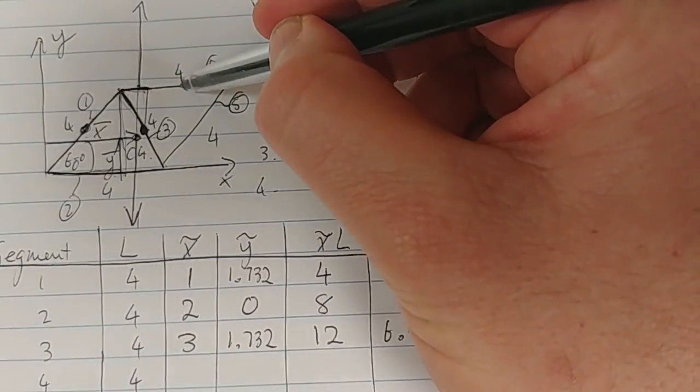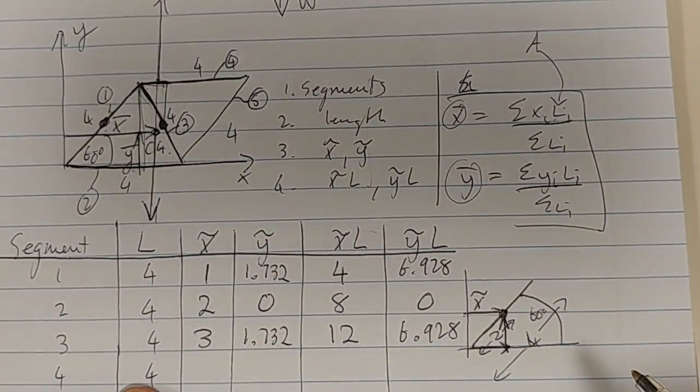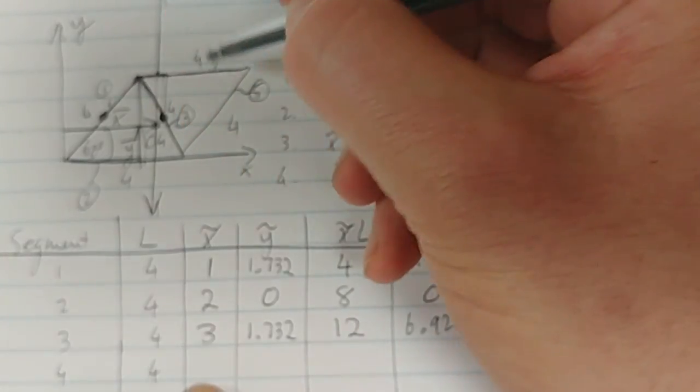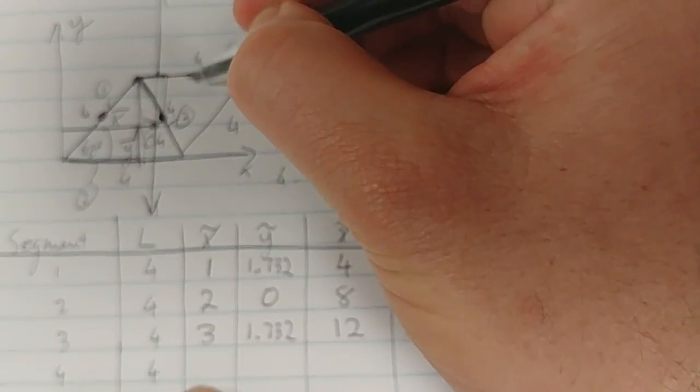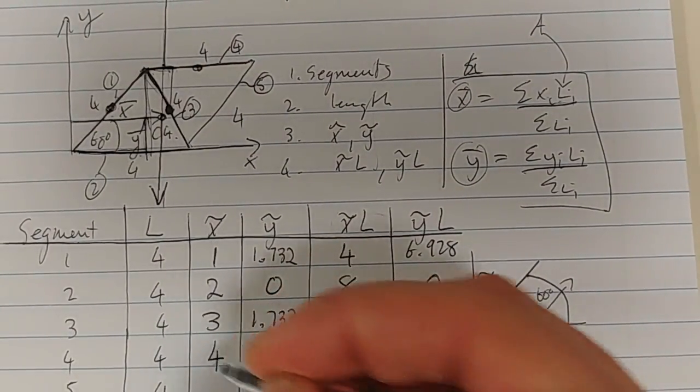Now we need to do that element there. What is the length? It's 4. What is the x tilde? It's going to be 2, because that point there is 2, plus 2, because that's the location of the centroid. So 2 plus 2, 4.